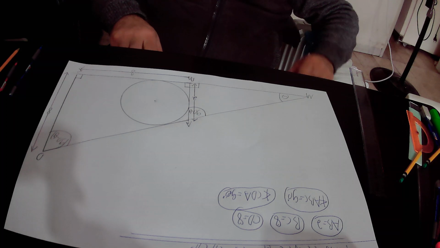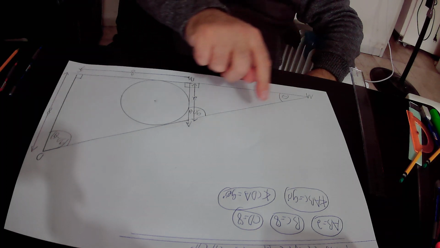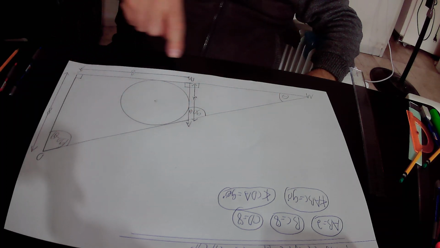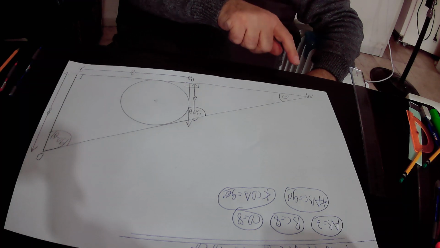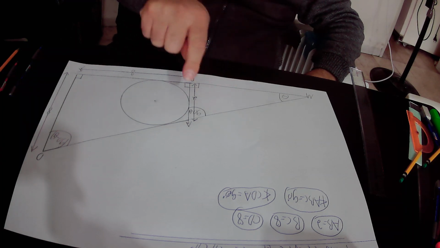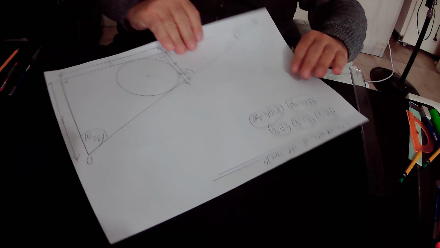In the next step, we'll prove that the big right triangle, triangle CDM, is similar to the small right triangle, triangle MBA. So I write it down.